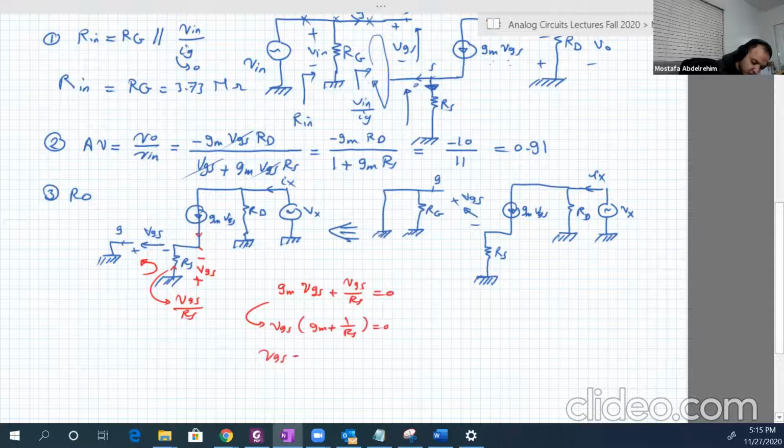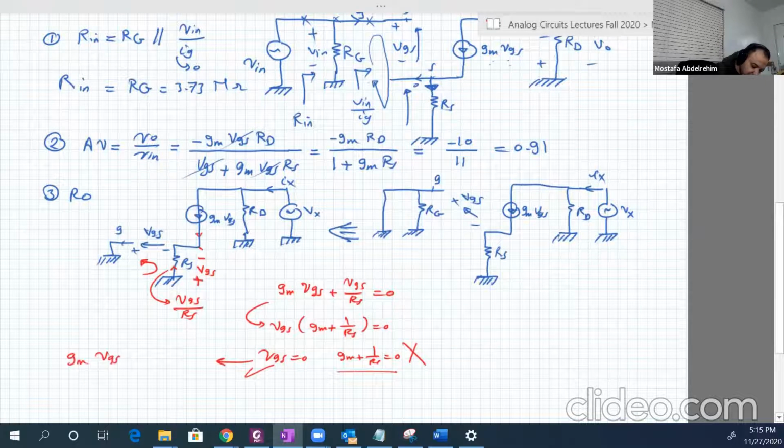So either VGS equals 0 or GM plus 1 over RS equals 0. Of course, GM is not equal to 0. And RS is a positive number and doesn't equal 0 as well. So this can't happen. So VGS has to equal 0. So if VGS is equal to 0, the current source GM VGS is equal to 0 as well. So it's open circuit.